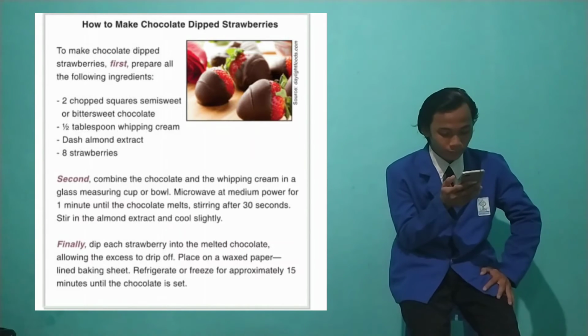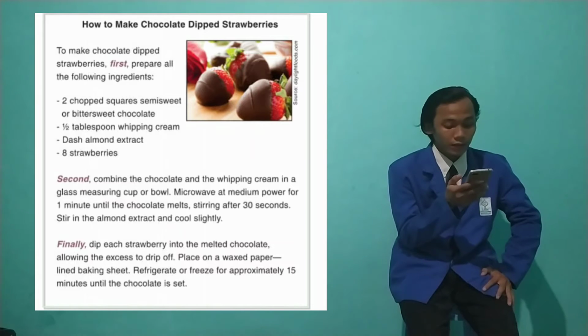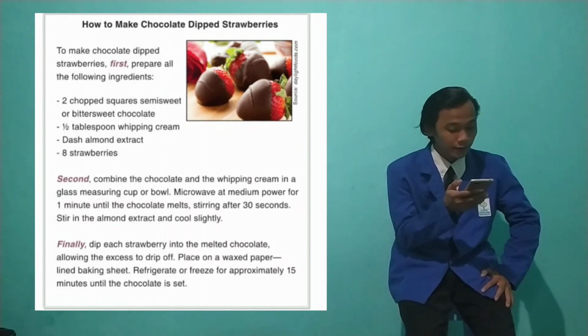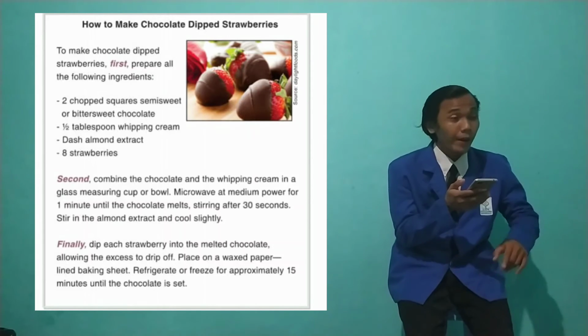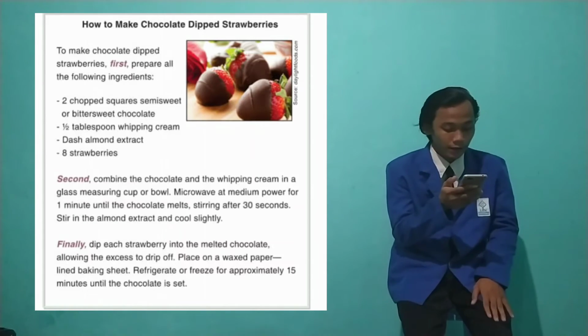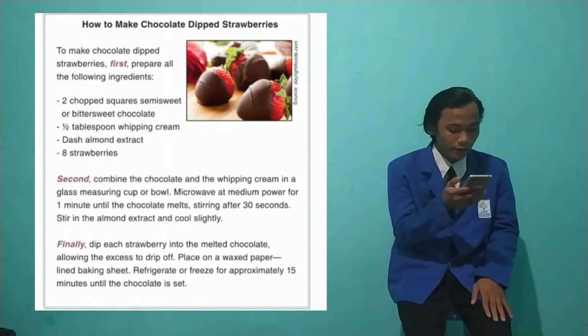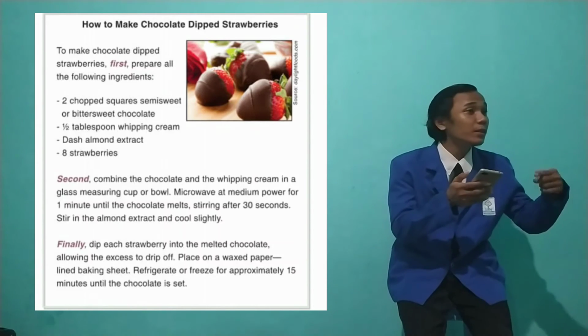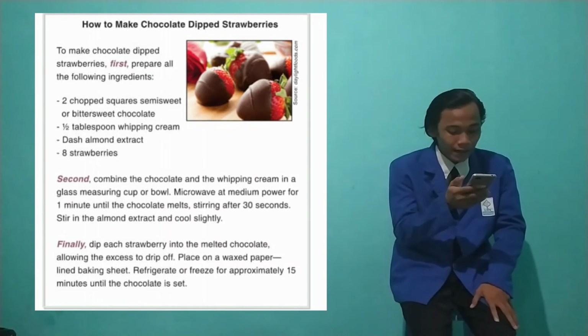Microwave at medium power for 1 minute until the chocolate melts. Finally, dip each strawberry into the melted chocolate, allowing the excess to drip. Now place on a wax paper lined baking sheet. Refrigerate or freeze for approximately 15 minutes until the chocolate is set.